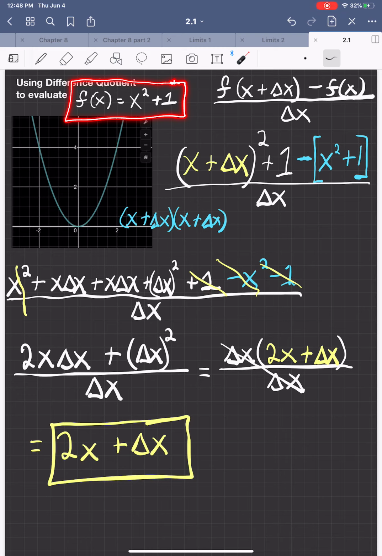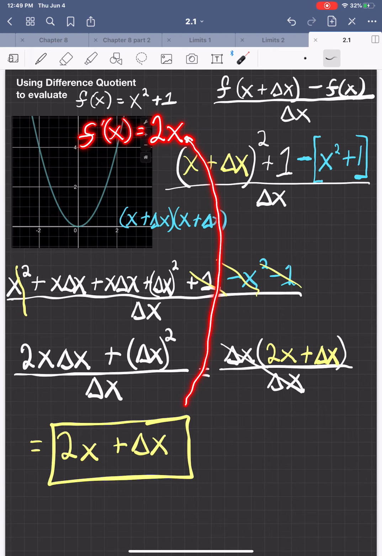If I were to ask you, what is the derivative of f of x equals x squared plus 1? Well, would you agree with me that f prime of x is equal to 2x?